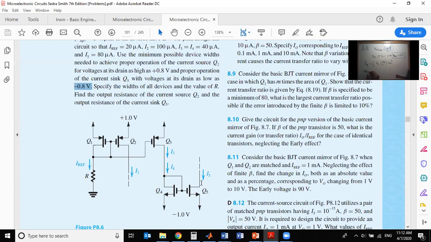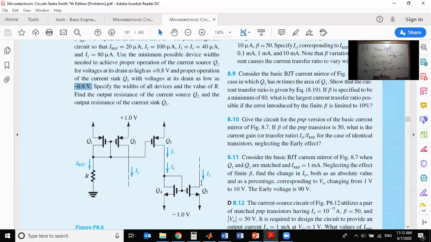So 40 microamperes equals half times 400 times W4 divided by 0.5 times 0.2 squared. If you solve this for W4, you get W4 as 2.5 micrometers. So this is how to find W4.